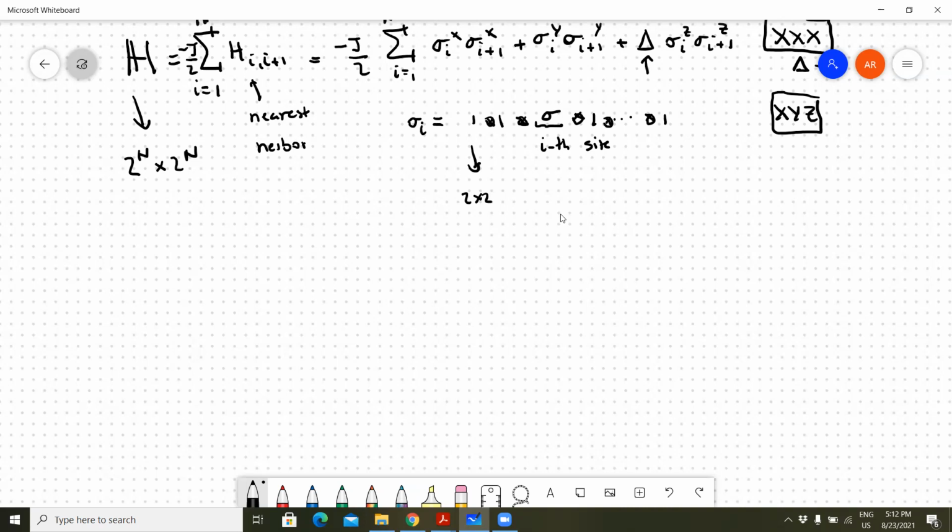Here, you cannot see it. I have not even written the R matrix yet. It's just that in some sense you can see that for XXX, the R matrix only depends on the spectral parameter. If you go to XXZ, you see that it will depend on some anisotropy parameter eta that is related with this delta.